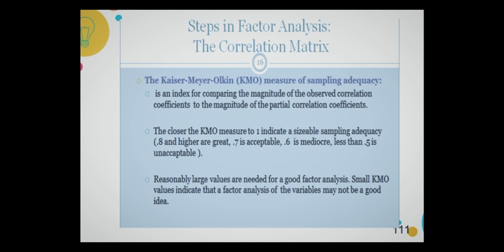Maybe there is no correlation between the variables. Okay, kalau dibaca the third info here, reasonably large values are needed for a good factor analysis. Small KMO values indicate that a factor analysis of the variables may not be a good idea.